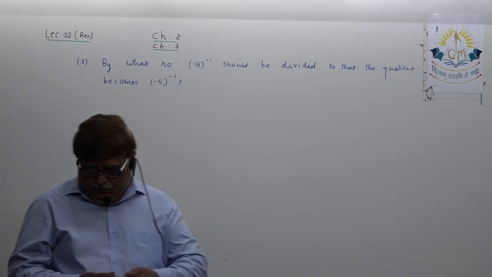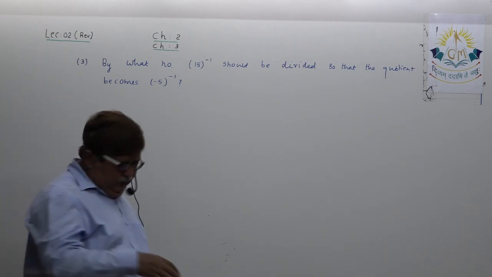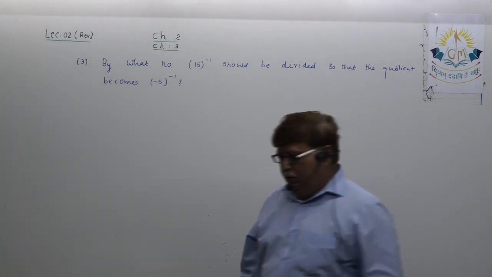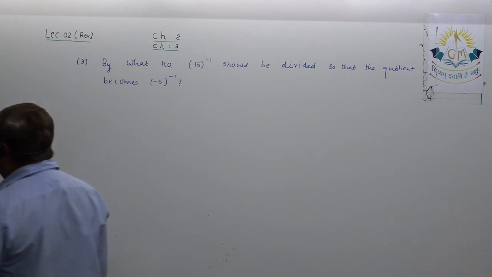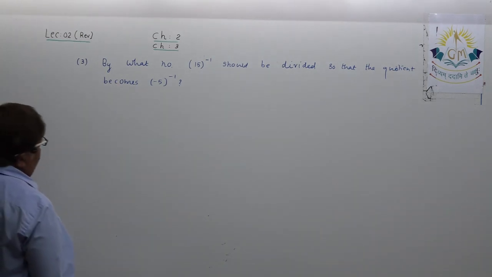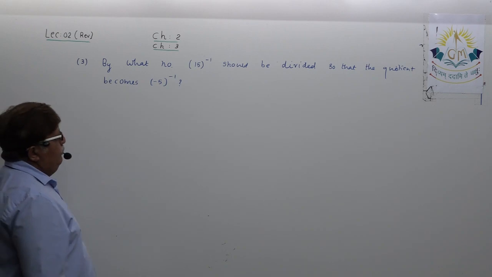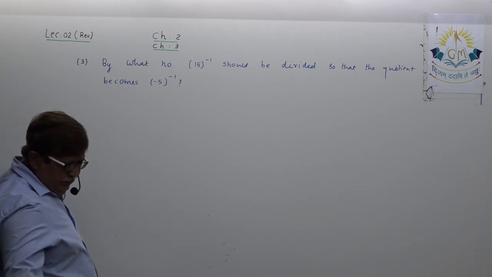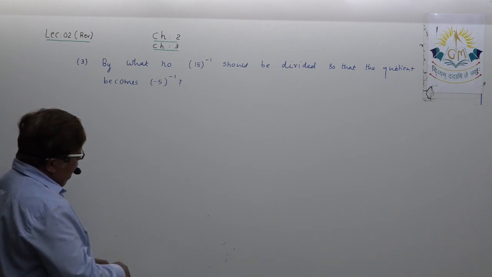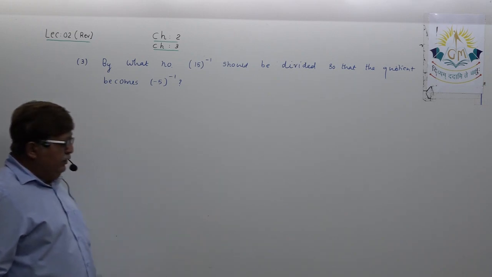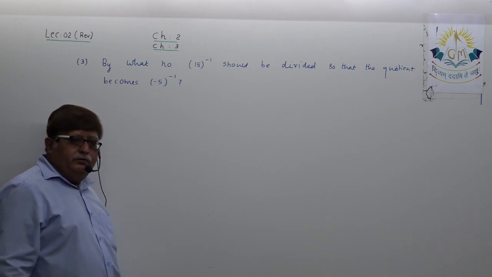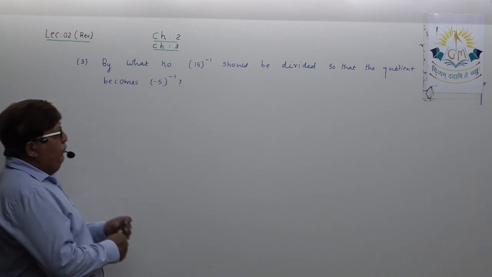Read the question first. By what number should 15 raised to minus 1 be divided so that the quotient becomes minus 5 raised to minus 1. You can start before I start solving this example, to gain some confidence in such type of examples.